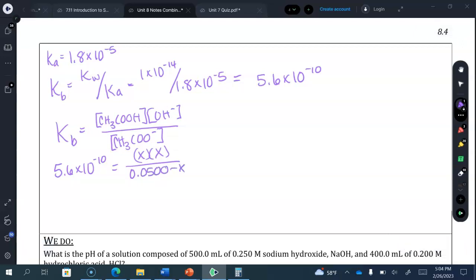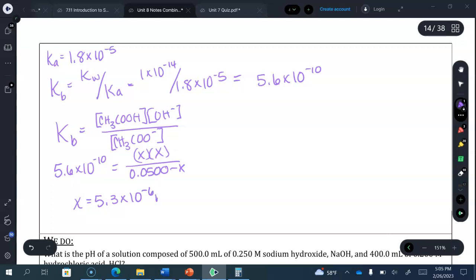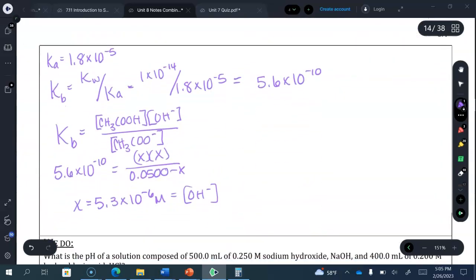I taught myself how to do the solver on my calculator. You know, YouTube. YouTube's great for that. And I got that x was equal to 5.3 times 10 to the negative 6 molar. And that is equal to the hydroxide ion concentration, because we said that in our ICE table above.